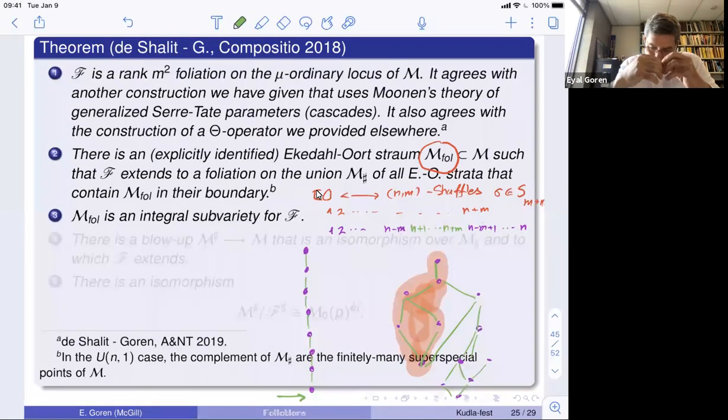If you blow only those up, you get projective spaces as the exceptional divisor, and then the foliation will be defined everywhere. If you divide this blow-up by the foliation, you get the tau component of this Gamma_0(p) level structure.